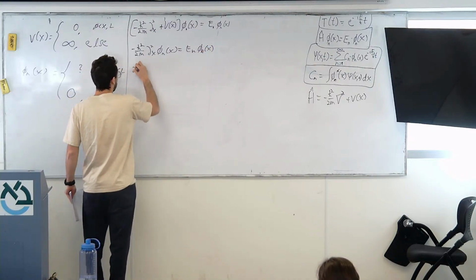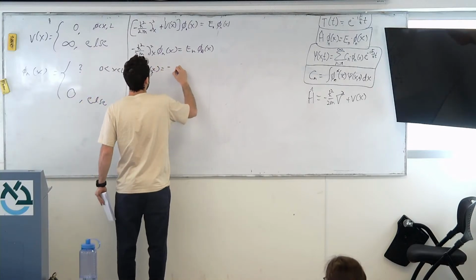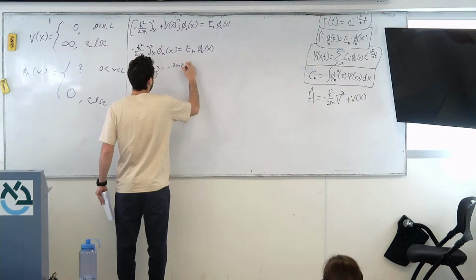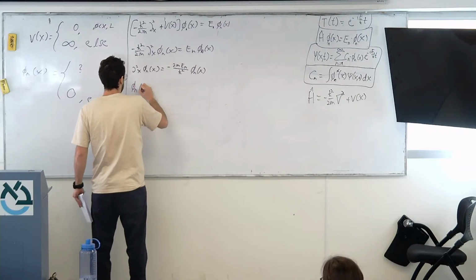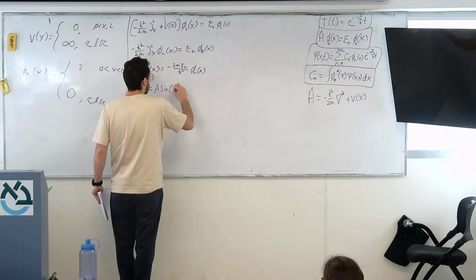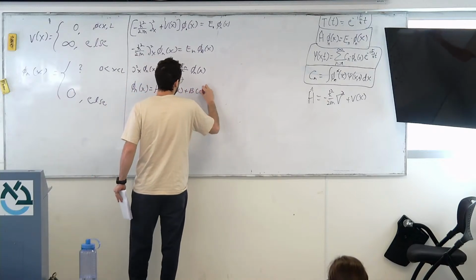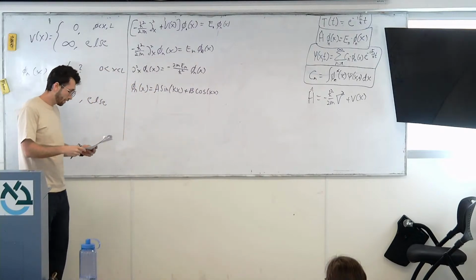Or dou squared of x, phi n of x equals minus 2m En over h bar squared phi n of x, meaning phi n of x is a sine of kx plus a cosine of kx, where k is what?